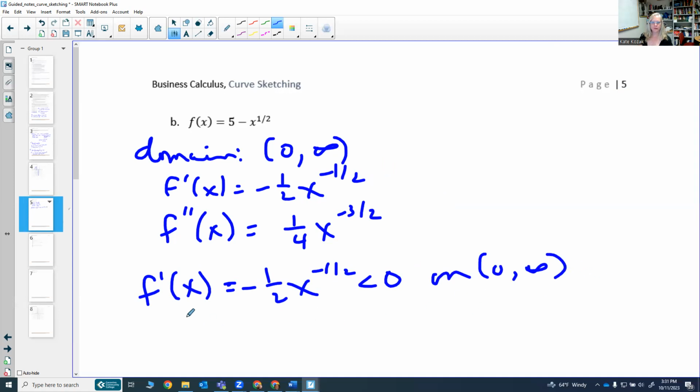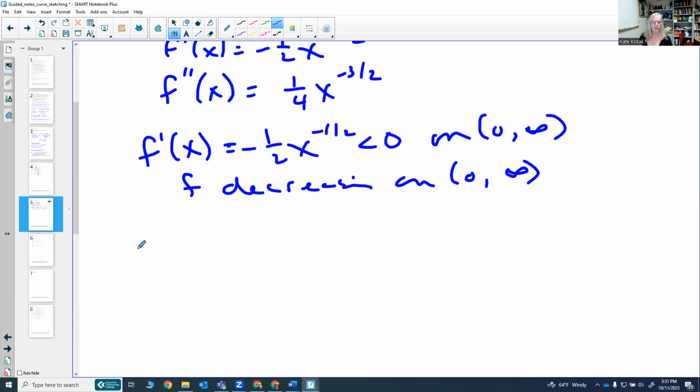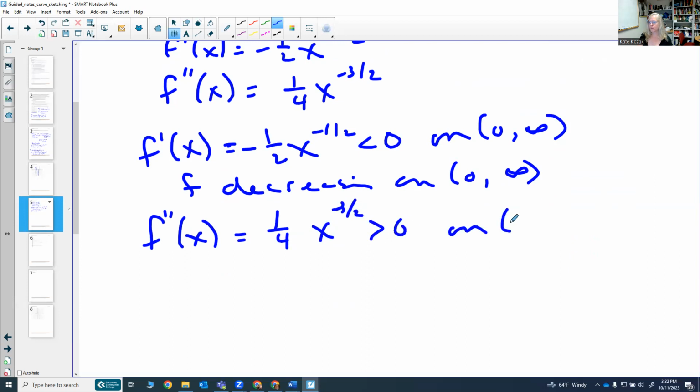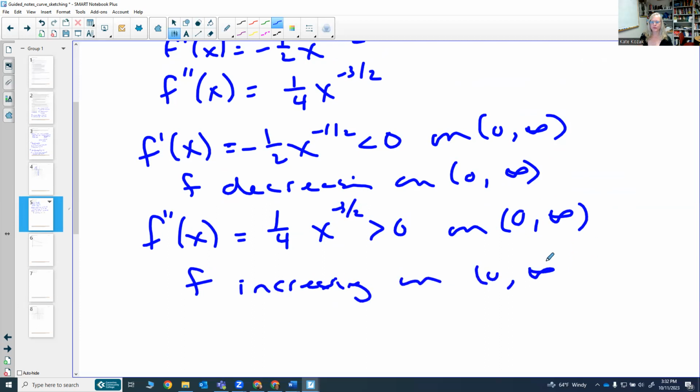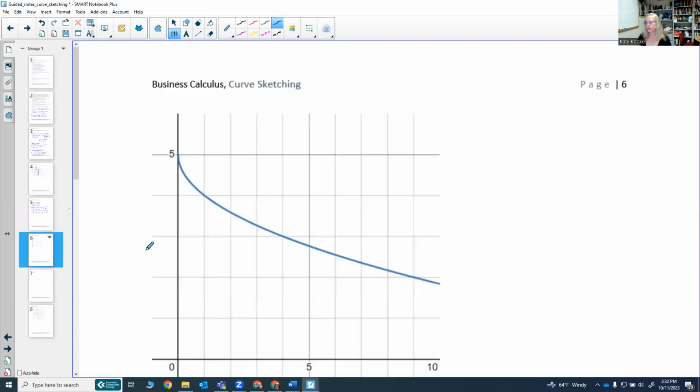So f is decreasing on 0 to infinity. f double prime equals 1/4 x to the negative 3/2 is greater than 0 on the interval from 0 to infinity. So f is concave up on the interval from 0 to infinity. The graph confirms this.